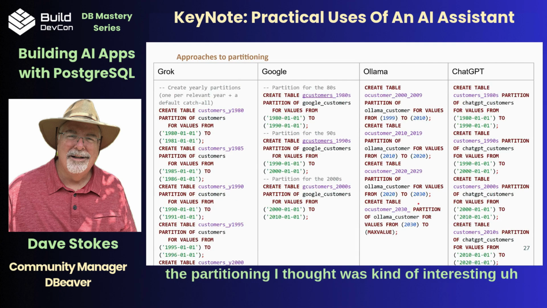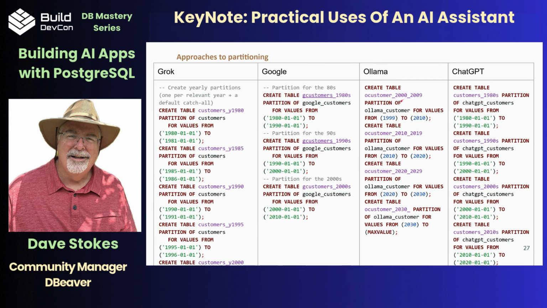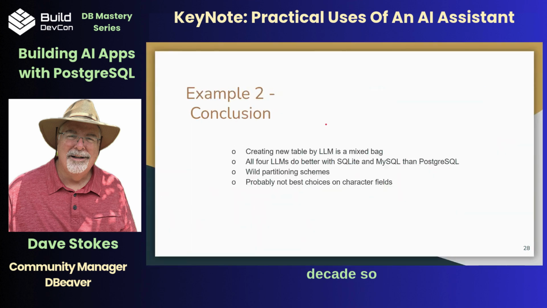Now, the partitioning I thought was kind of interesting. Grok wanted 80 to 81, 85 to 86, 90 to 91. Kind of got carried away there. Google was doing it by decade. Ollama doing it by decade, and ChatGPT by decade.